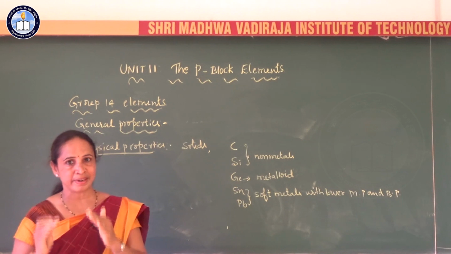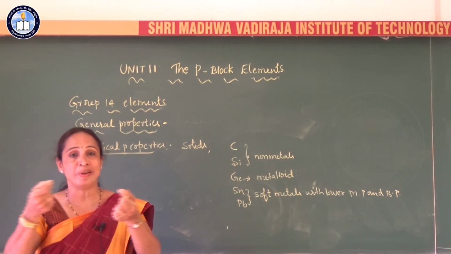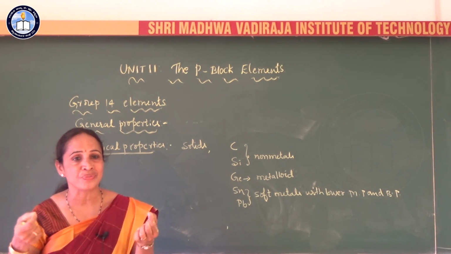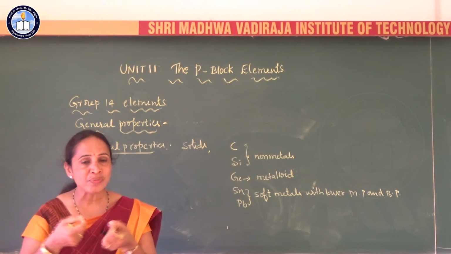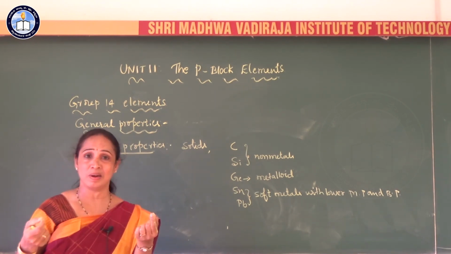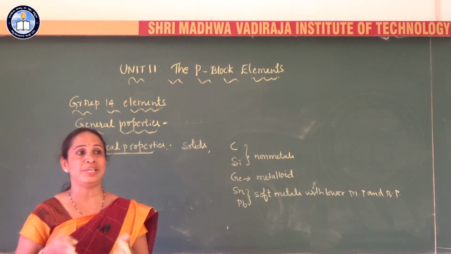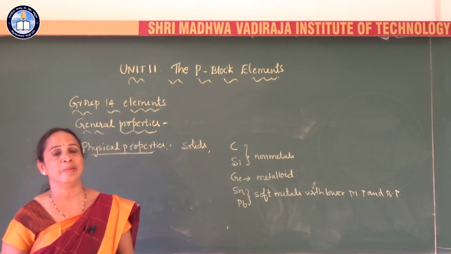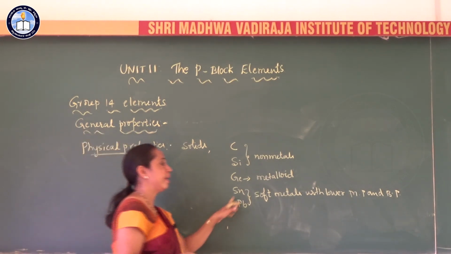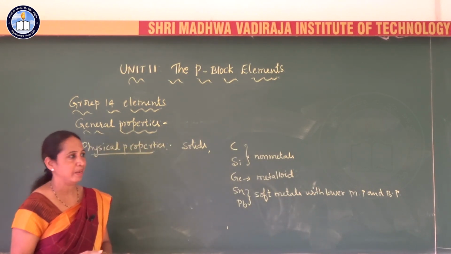As size decreases and electronegativity increases, the van der Waals force of attraction between atoms increases. Whenever van der Waals force of attraction becomes stronger, it requires more energy to break it. That's why they possess higher melting and boiling points as compared to the 13th group elements.